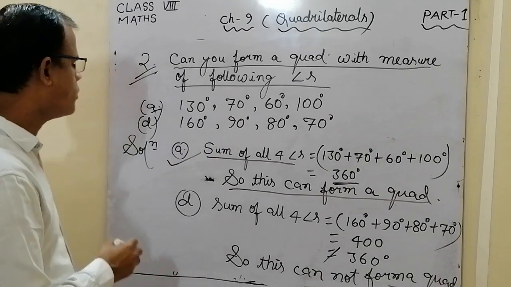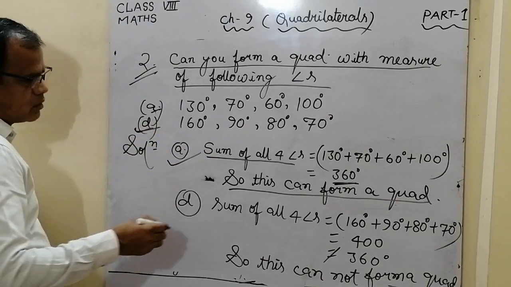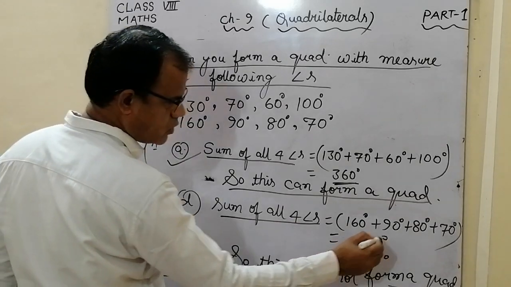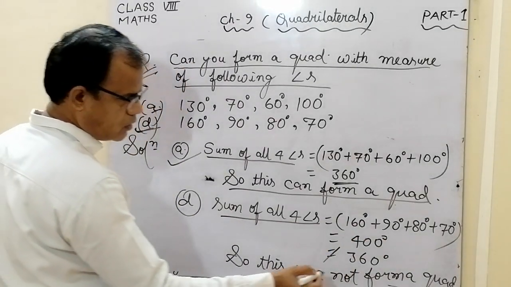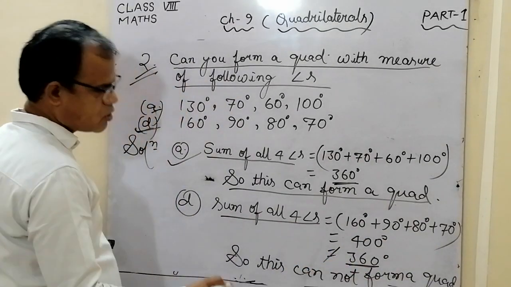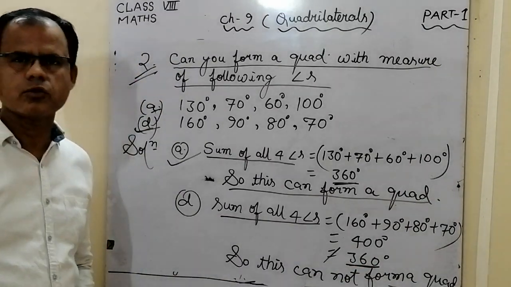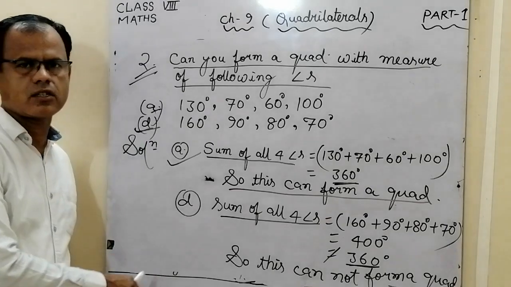Okay, now moving to D part. Here the sum of all 4 angles is 400 degrees, but we require 360 degrees, so this cannot form a quadrilateral. Now the remaining part you have to solve as class practice.